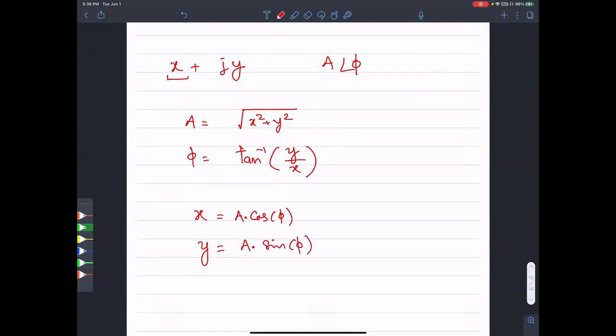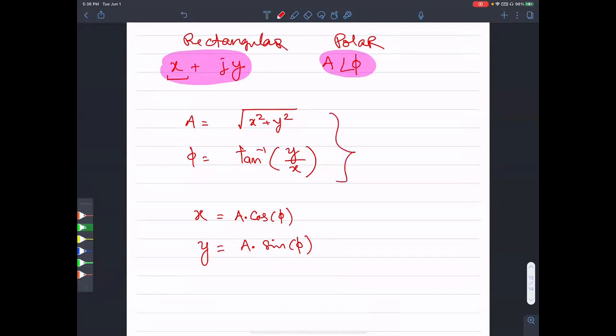So you have a mechanism of relating the three forms. This is the polar form, this is the rectangular form. This takes you from rectangular to polar, and this takes you from polar to rectangular.